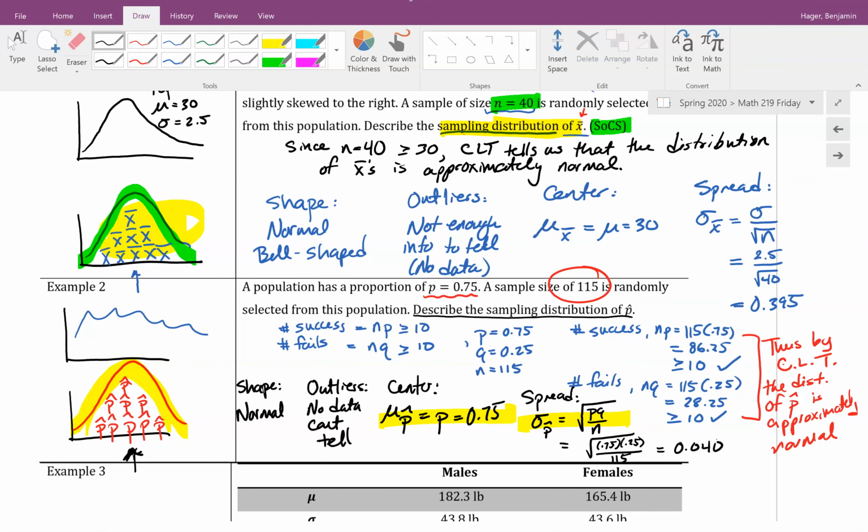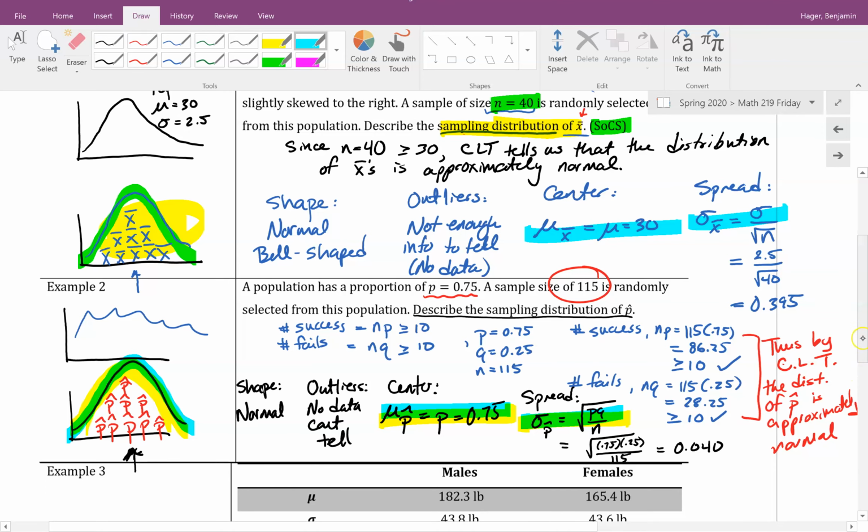So the examples we're looking at now are really just helping us to find the mean of the sample means, the standard deviation of the sample means, the mean of the sample proportions and the standard deviation of the sample proportions. We have to be able to calculate those because we have to know what that distribution looks like in order to do advanced analysis on it, which is coming up. Okay, so we got a couple examples and then we're done.